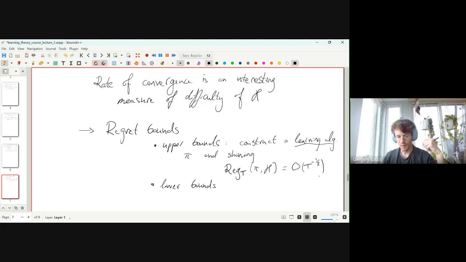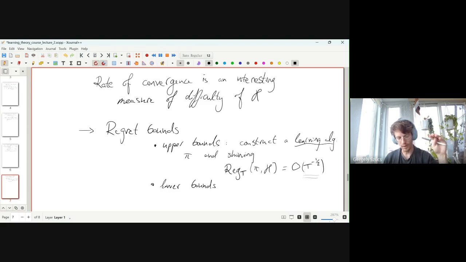That would be one kind of regret bound you can show. So that would be a certain bound on the rate of convergence, on how fast regret goes to 0.